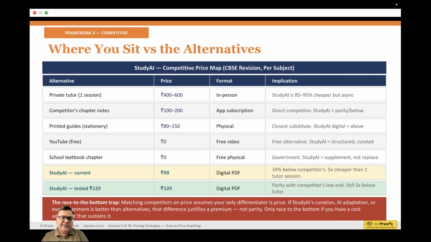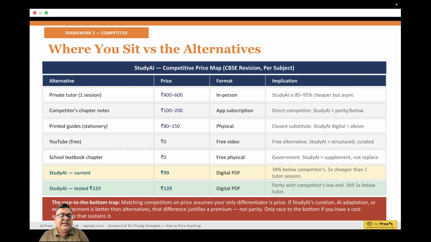Let's look at the competitive pricing, where you sit versus the alternatives. The alternative is private tuition, one session, 400 to 600 in person. Sometimes you have to go, it's not maybe online. Study AI is 85 to 95% cheaper, but it's async.